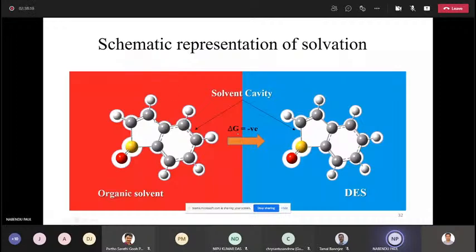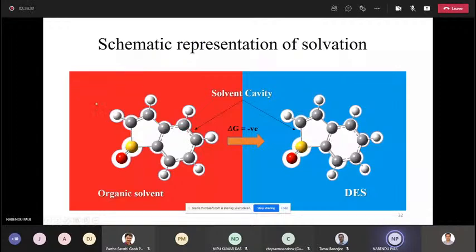This is a solvent cavity in which the solute is present, and it has a certain radius. There is a cavity that is formed in a continuous solvent, and this cavity can be polarized by the presence of this solvent.